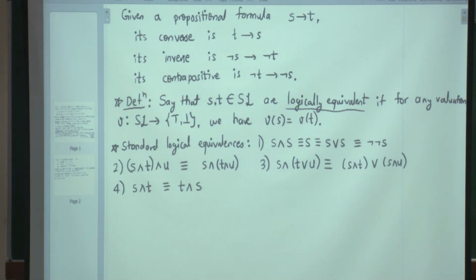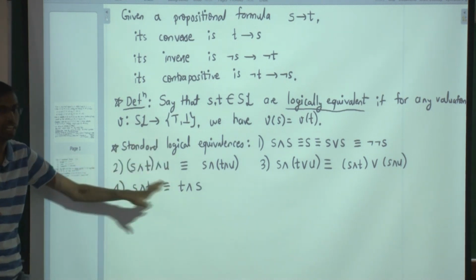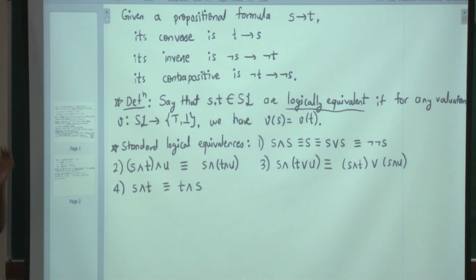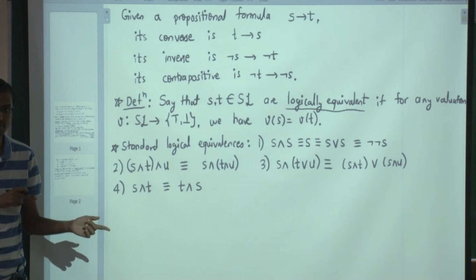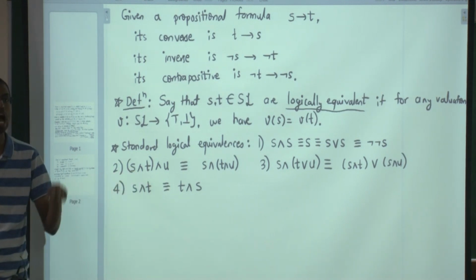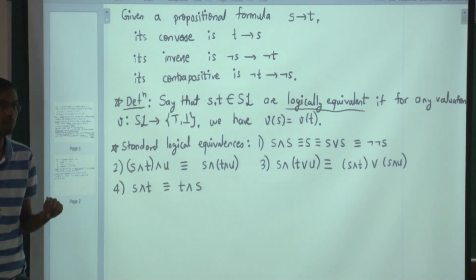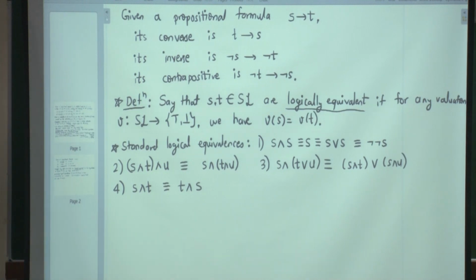Okay, now you can observe one thing, that whatever we are writing, whatever are the desirable properties of our connectives, they are not syntactic properties, but they are going to be semantically equivalent. Associativity up to logical equivalence, commutativity up to logical equivalence, then idempotency of conjunction up to logical equivalence.